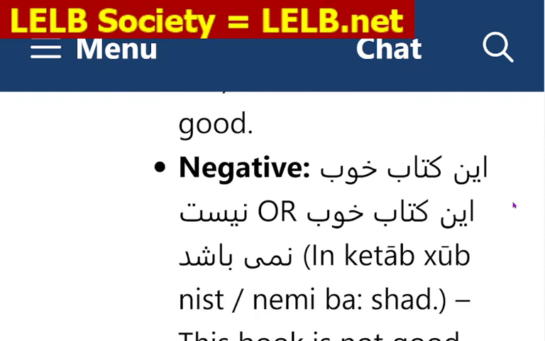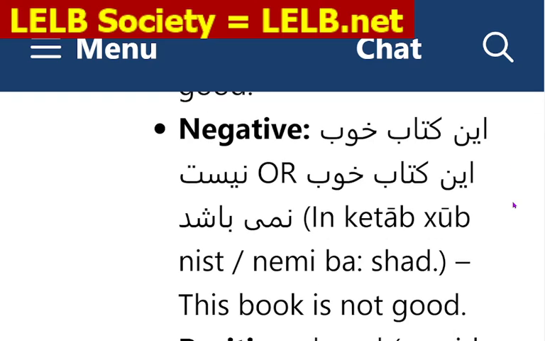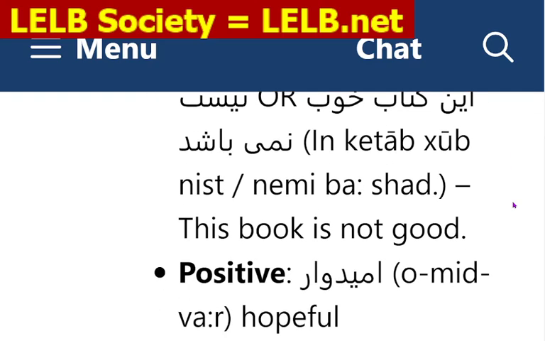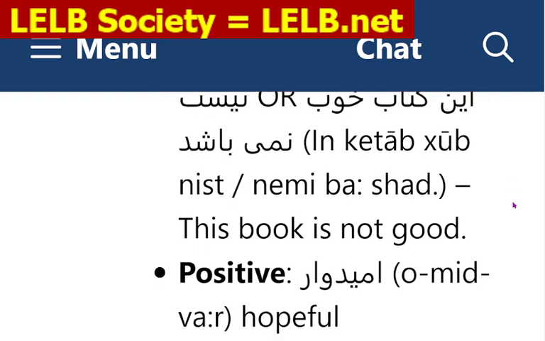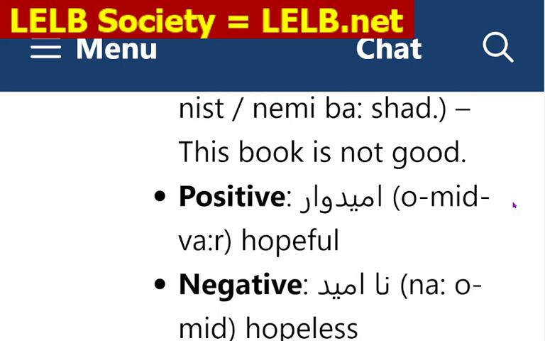Negative: این کتاب خوب نیست or خوب نمی باشد, which is more formal. خوب نیست is more common and also modern. This book is not good or decent.